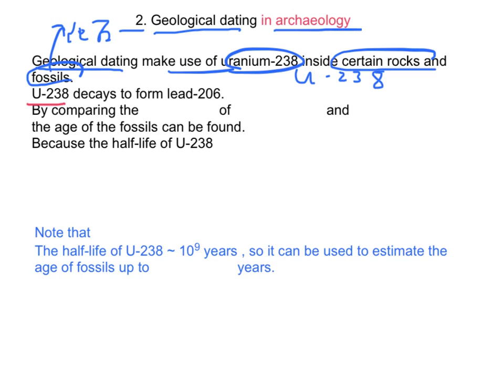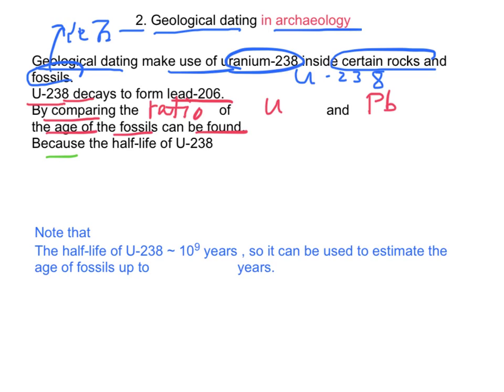Uranium-238 decays to form lead-206 by means of radioactive decay. We just need to compare the ratio of uranium and lead. The age of the fossil can be found.